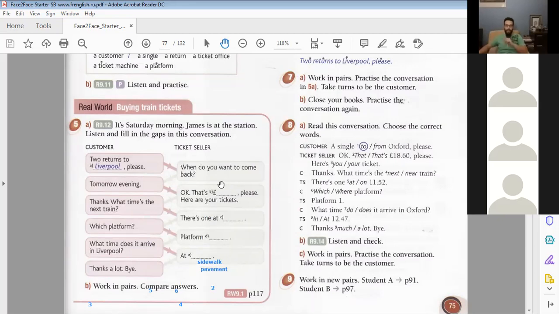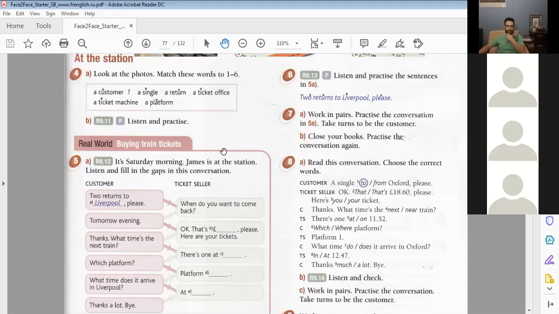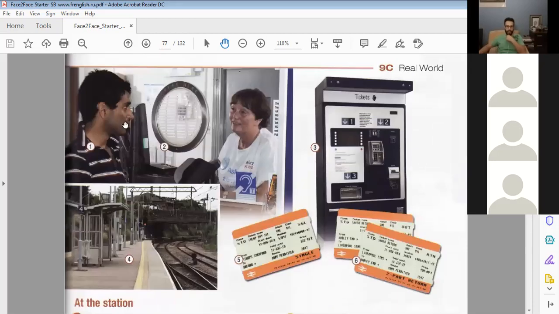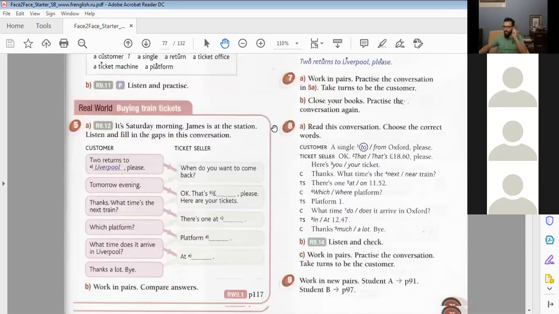So we have a conversation between the customer, and here the customer is James. So James is the customer, and he's going to talk to the ticket seller. So we are going to listen to the conversation, and I want you to complete the gaps.